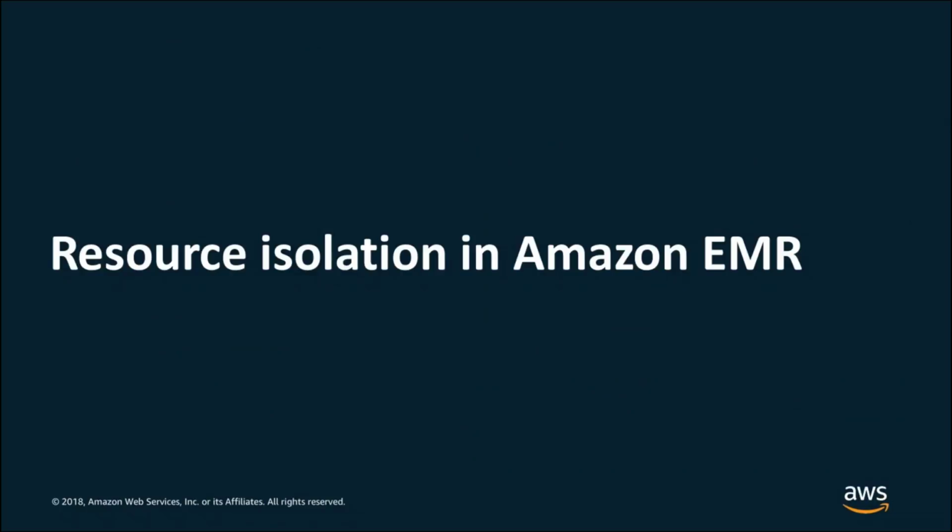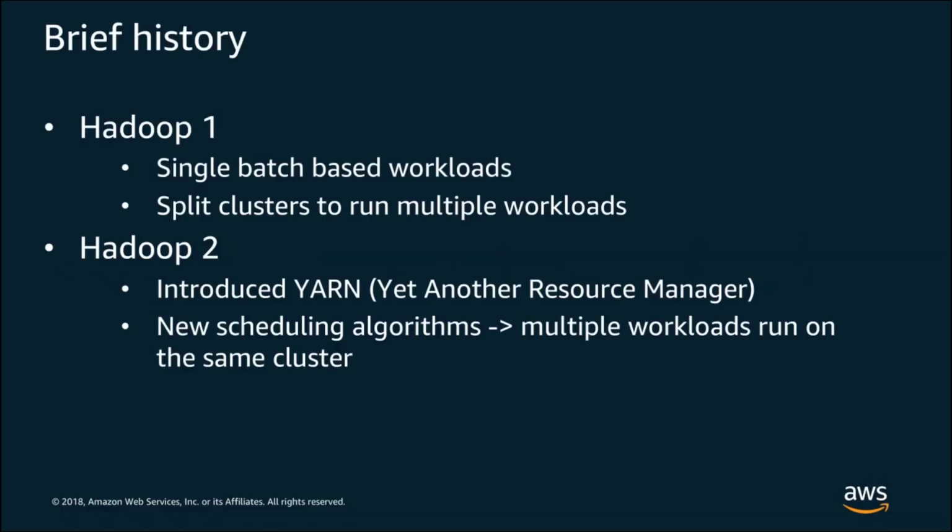So far we have looked at data isolation, but there is also the concept of resource isolation when it comes to analytics, and especially in Amazon EMR. So to understand how resource isolation works, we need to take a trip back in history. Initial deployments of Hadoop, also known as Hadoop 1, focused on batch-oriented workloads.